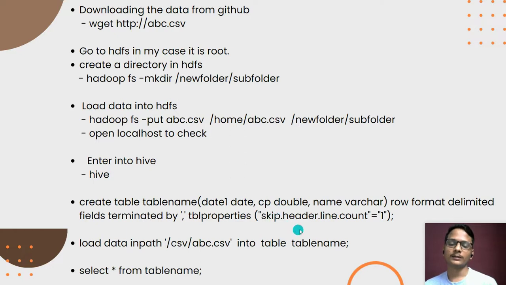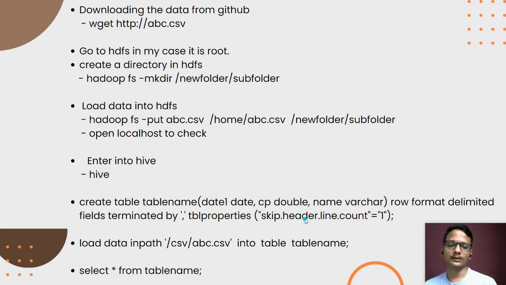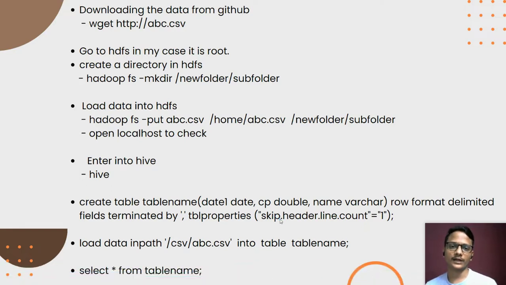So we skip that row in the CSV file, and later we load the CSV file data into our table. Finally, we can visualize the data like we do in SQL, using the command select star from table name.